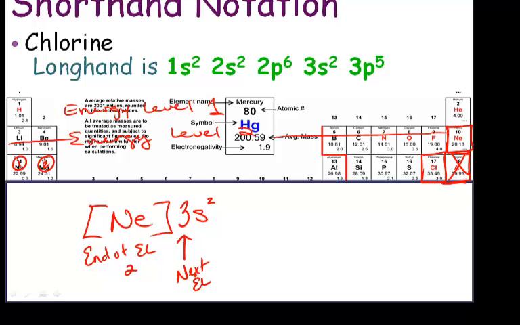Here we're in 3p, and chlorine is the 1, 2, 3, 4, fifth element, so 3p5. So in our longhand notation, this part of the configuration, this 1s2, 2s2, 2p6, is replaced by writing Ne.